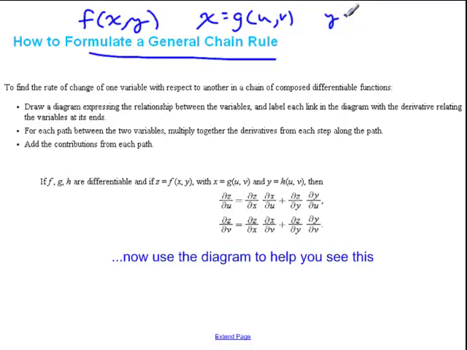And y is also a function of u and v. So now we've got f changing with x and y, and x and y both changing with u and v.